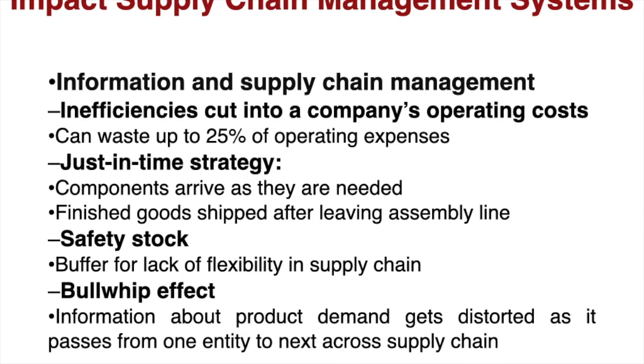Bullwhip effect is when the information about product and demand gets distorted as it passes from one entity to the next across the supply chain.